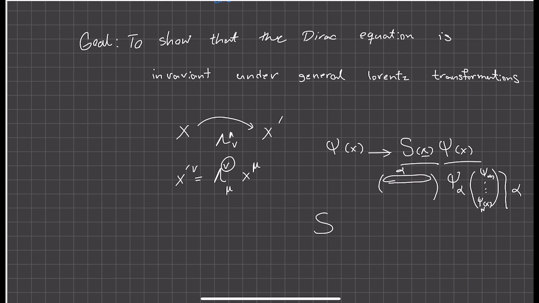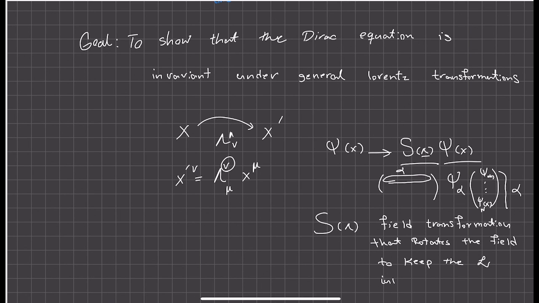So S of lambda is the field transformation that rotates the field. I mean, it is like a rotation, a transformation to keep the Dirac Lagrangian, which we show with L, invariant.